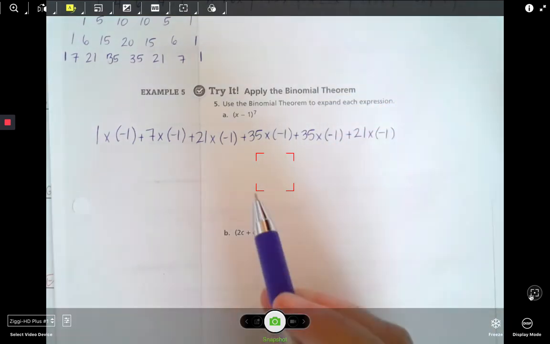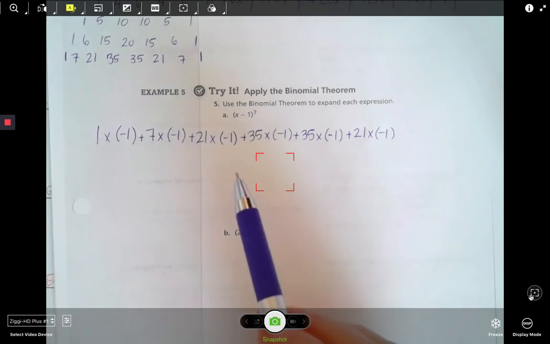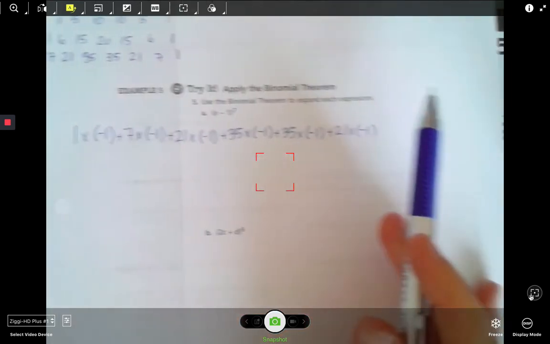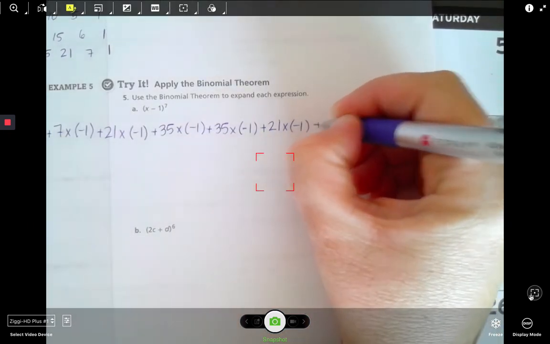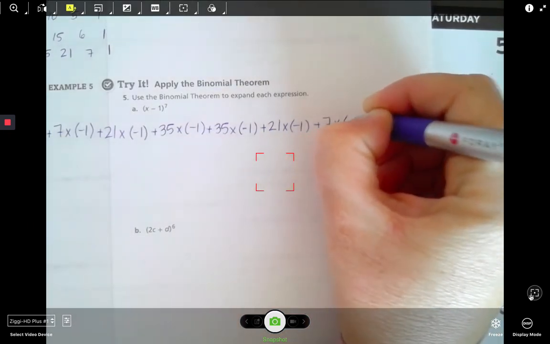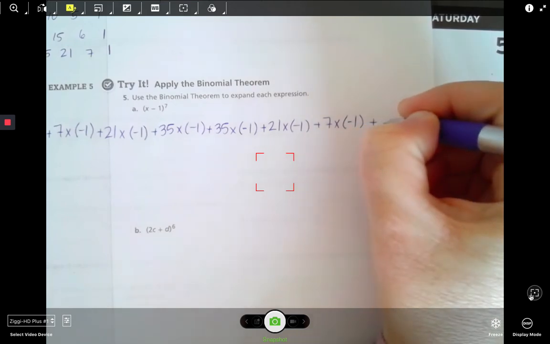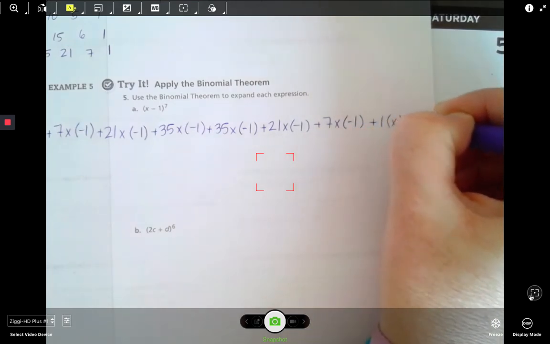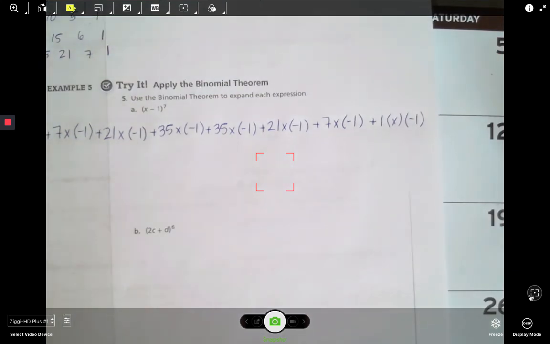Are y'all seeing where I'm getting these numbers from? Are you sure? Everybody cool with that? Plus 7 times x times negative 1 plus 1 times x. Whoops, I didn't mean to put parentheses. It'll be right. Times negative 1.